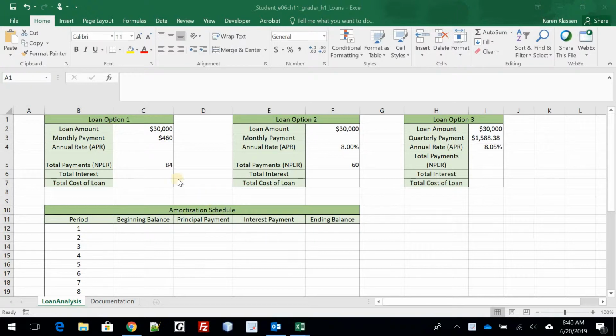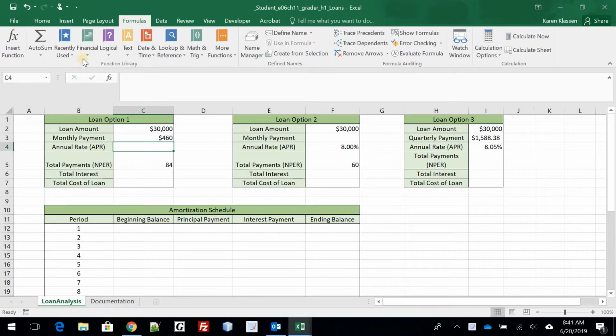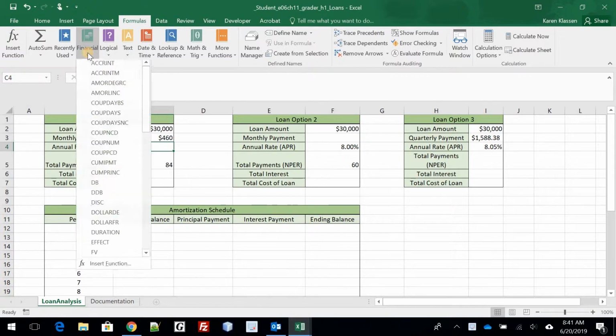Alright, in C4, we're going to calculate the annual percentage rate for a loan. So I'm going to look in my formulas for financial and just look. There's nothing in here that looks like an annual rate.